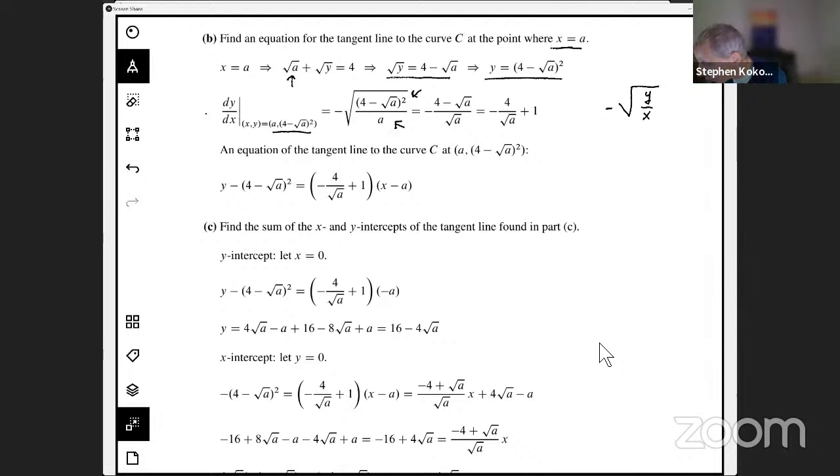And some good things happen here because I take the square root of something squared. There it is, 4 minus the square root of a. Should really be the absolute value of that. 4 minus the square root of a over the square root of a, and a little bit of simplification here. And I think I got that expression for the slope. How about that?